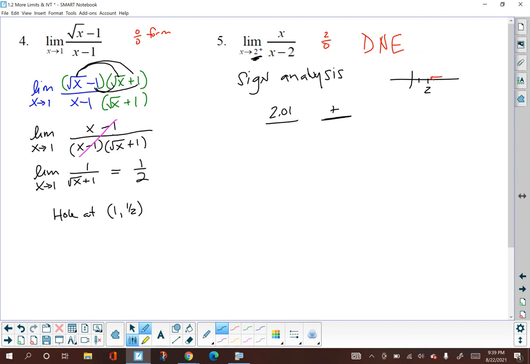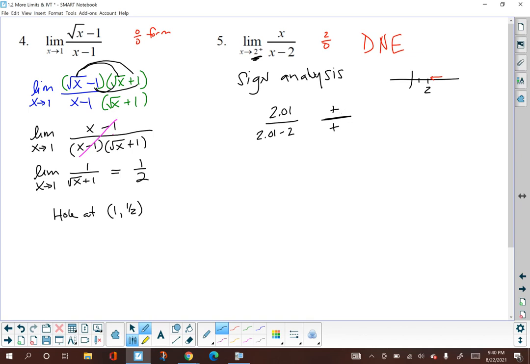So that's positive. The new denominator is going to be that slightly larger than 2 number, subtract 2. But if we subtract 2 from this number that's to the right of 2, that is also going to be positive. So we kind of just think about whether these numbers are going to end up being positive or negative.